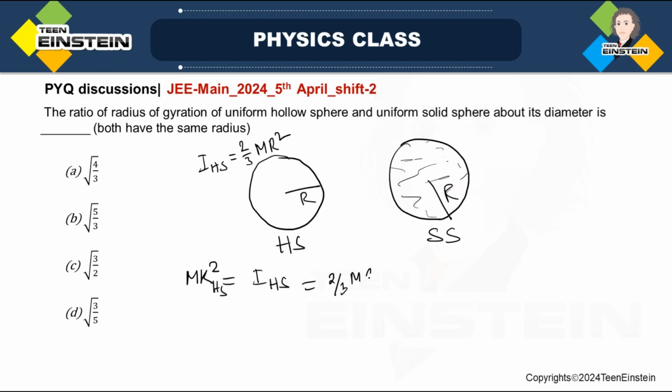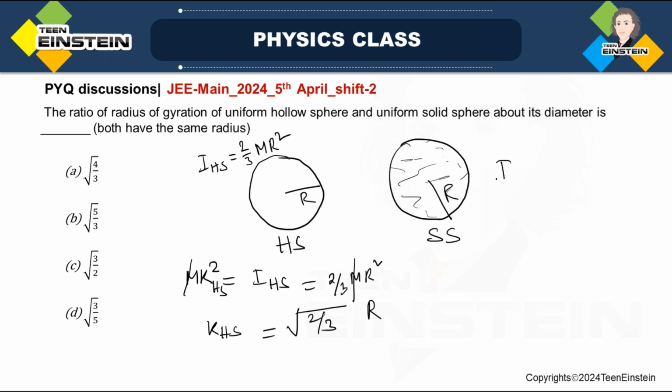This m is the same, so I get K_HS is equal to square root of 2 by 3, and this is r.